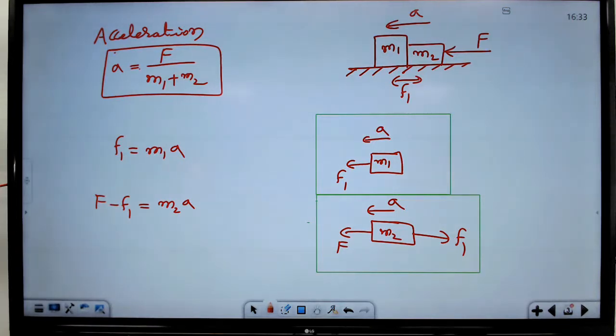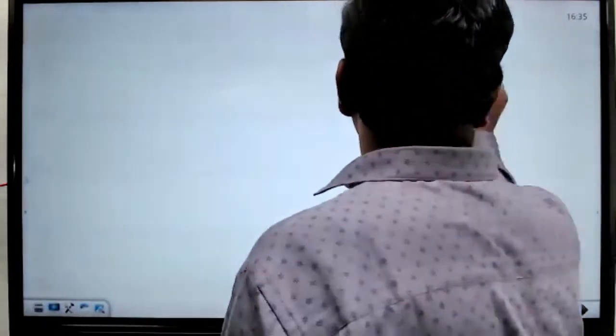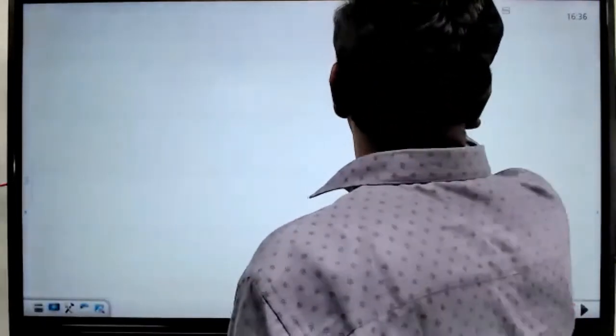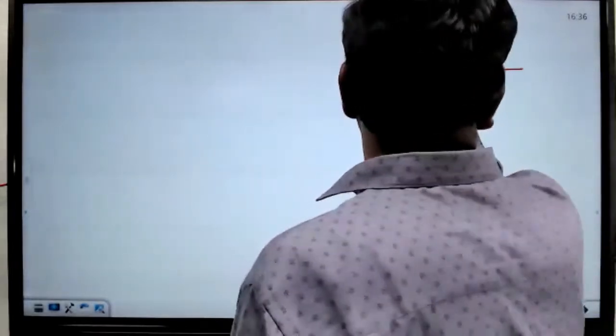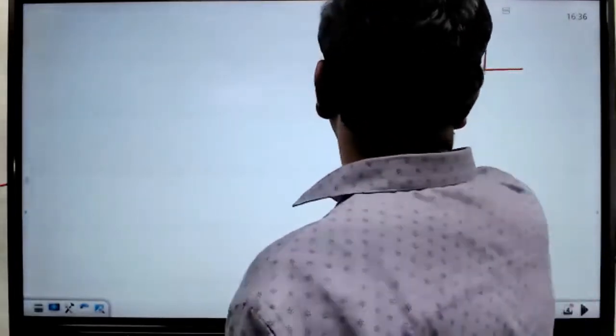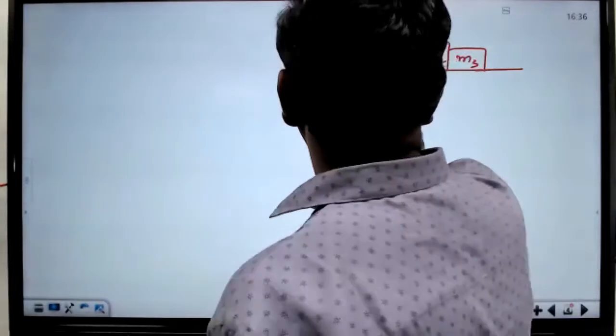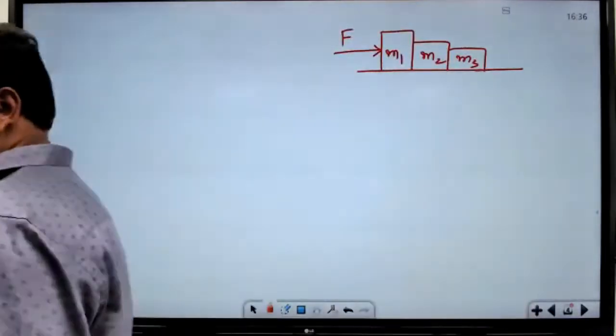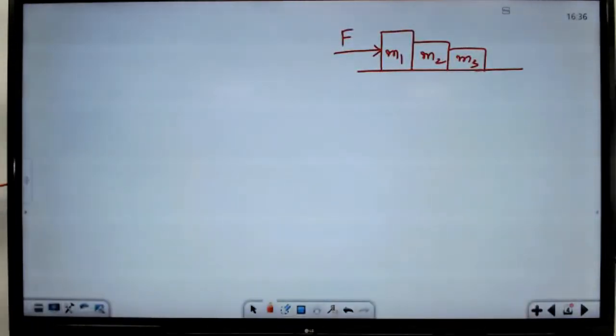Try this. 3 objects are in contact. For this one, write down the equation for acceleration, contact forces also.